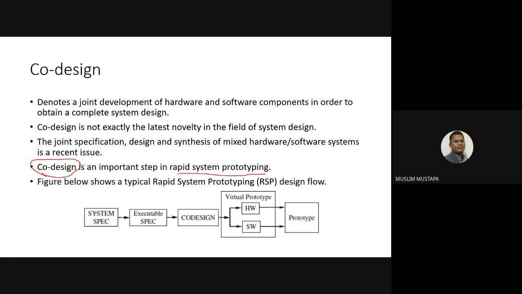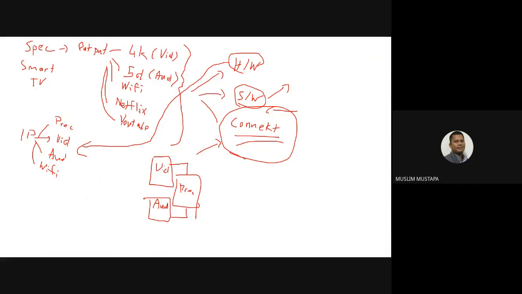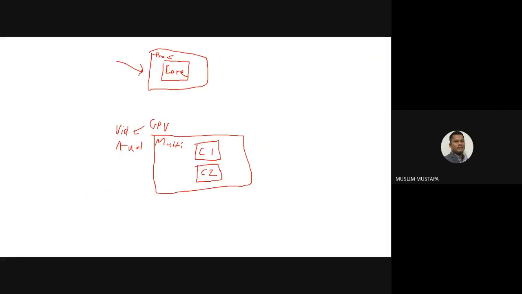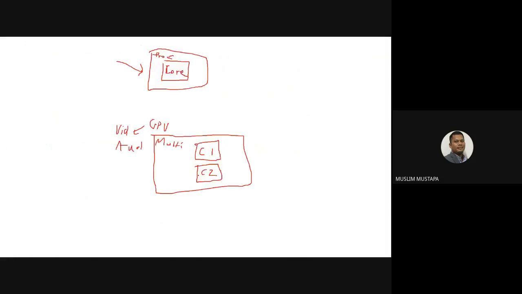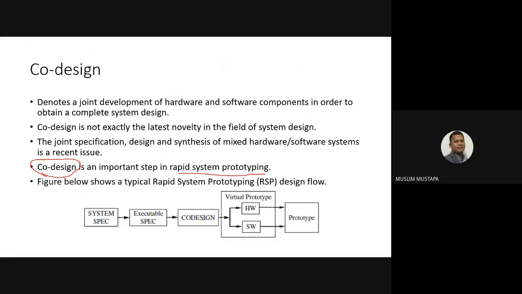So again, this is the system spec, like what we did before. The system spec, what you need. So this is a very high level spec, and then it comes into the executable spec. So how you want to execute all those specs, then you determine all these things. Then go into the co-design, so this is where you start to do the co-design.